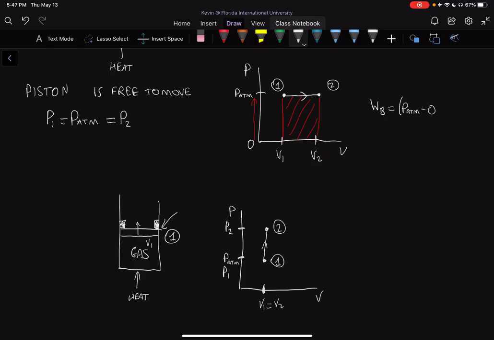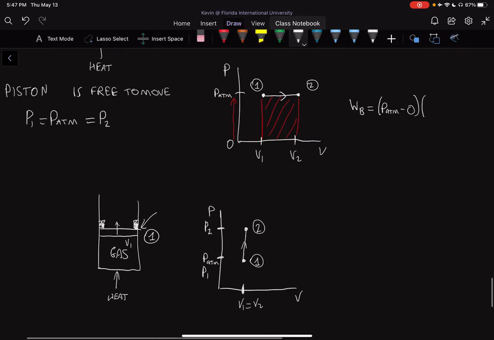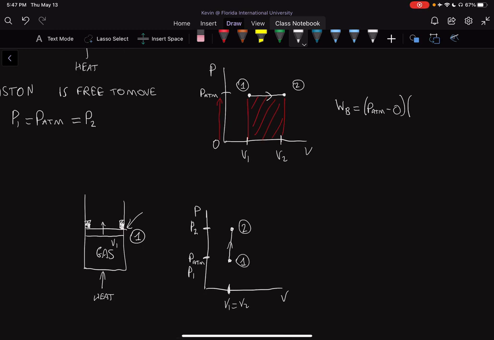Okay, we're just finding the area of a square. And the other component of the area, the length, on the V side is just V2 minus V1. Okay, and it's always 2 minus 1 because we always look at the final position minus initial. And so we get that our work boundary is just, in this case, P atmosphere times V2 minus V1. And this will become useful when we start doing example problems.